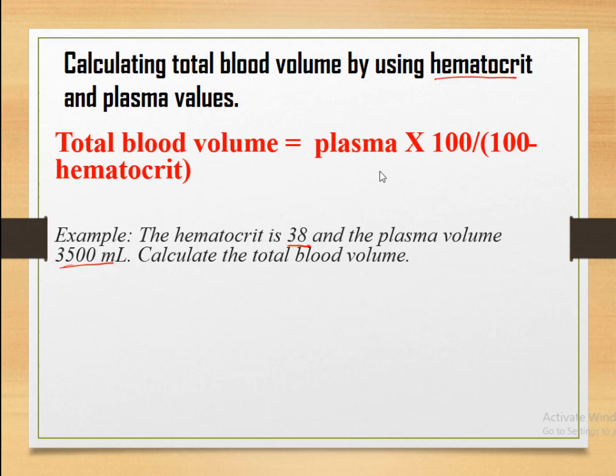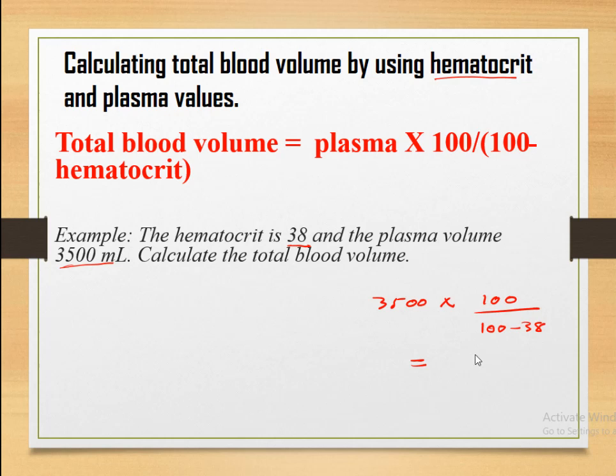We just say 3,500 times 100 over 100 minus 38.